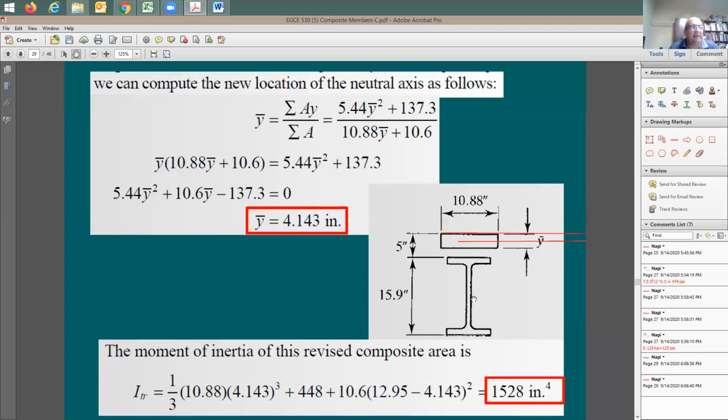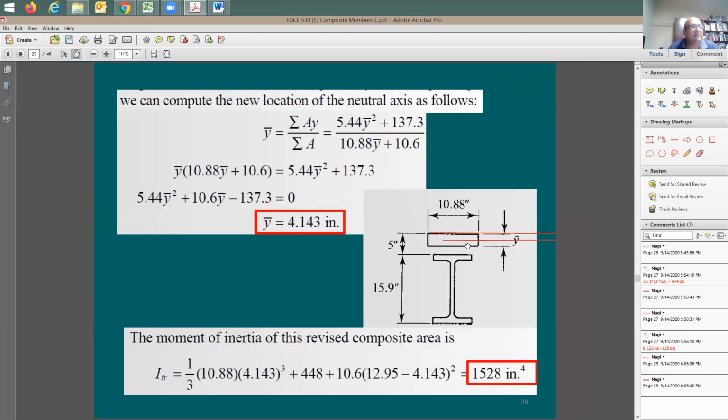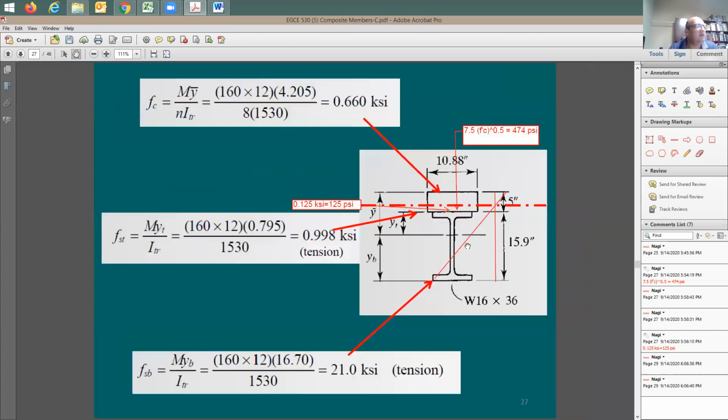Location of the steel beam is gonna be the same. You cannot change it. It's true that this now instead of 5 inches becomes something lower, but the steel beam location is gonna be the same. This is why it says here 137.3. This is equal to the area AS here multiplied by 5 plus 15.9 divided by 2, which means this here is not gonna change from the previous analysis that we have done. Let me take you back.